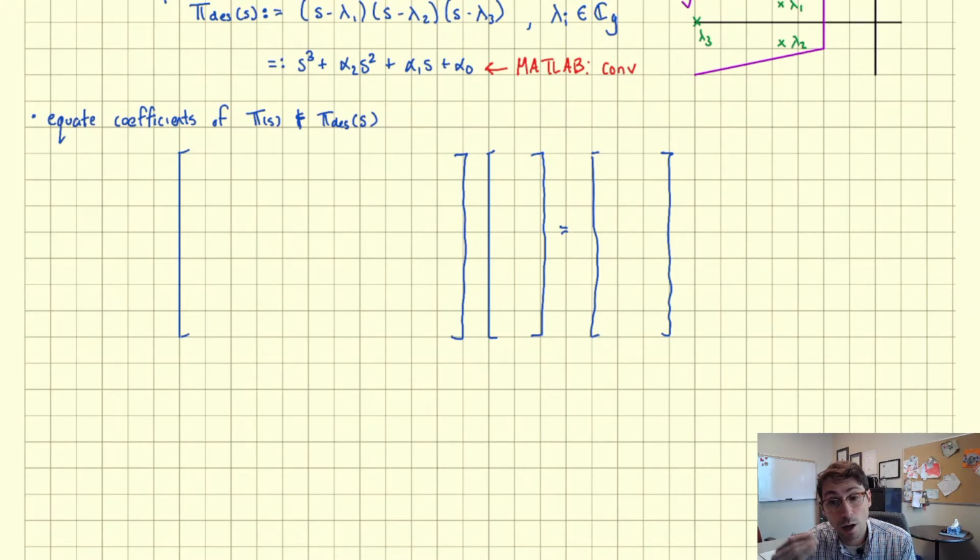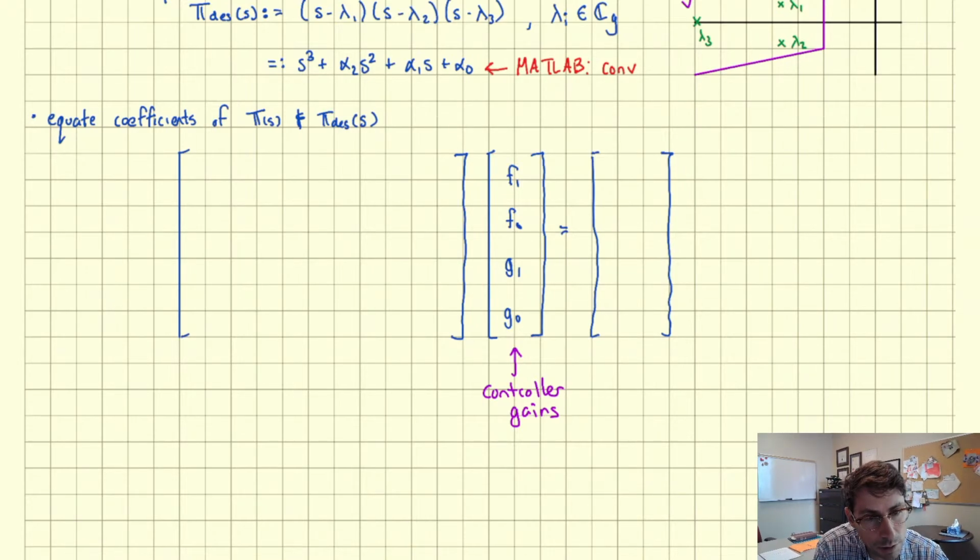Again, the unknowns are the controller gains. So let's write the controller gains here, F1, F0, G1, G0, and these are controller gains. The thing that we want to solve for.